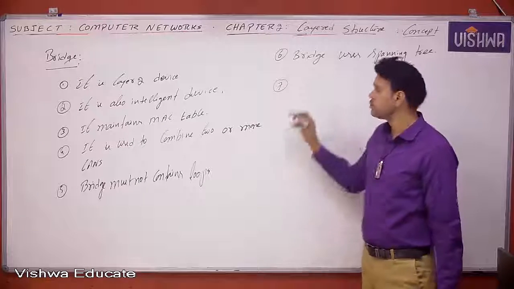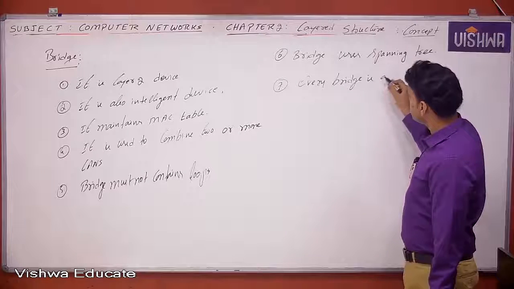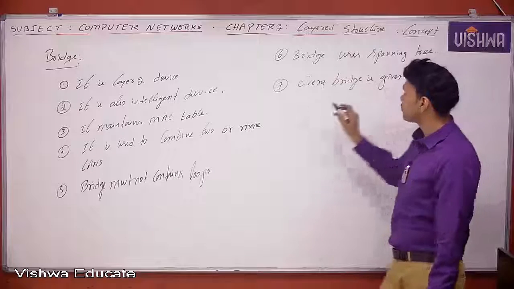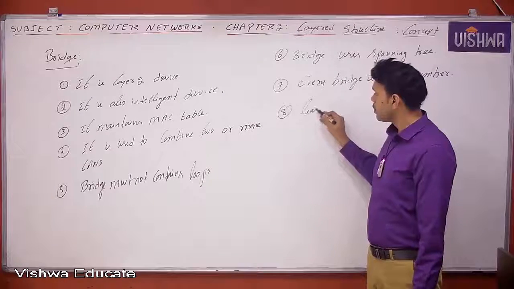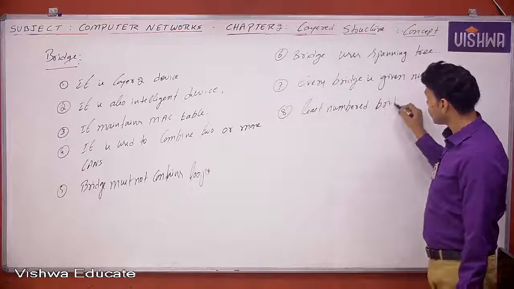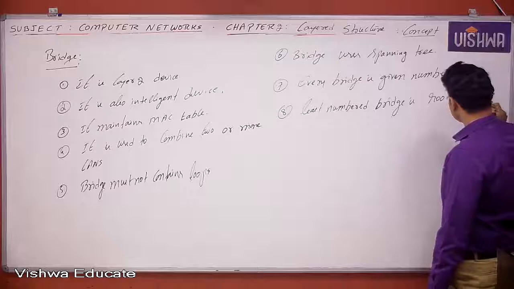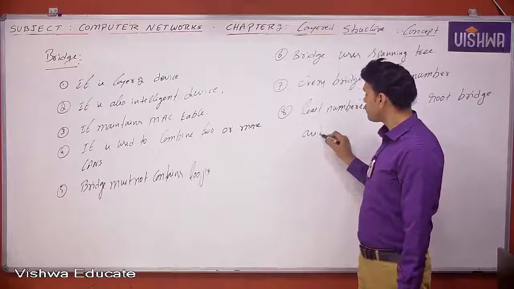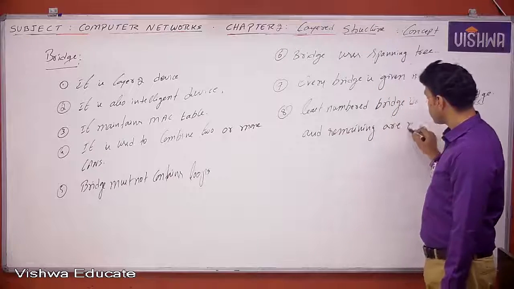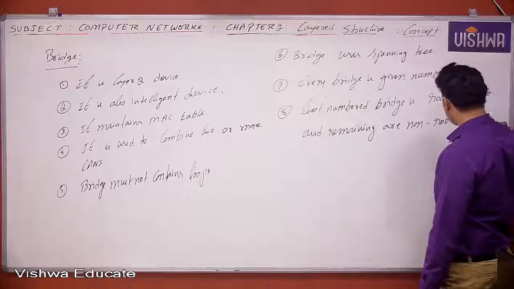Next point, every bridge is given a number. The least numbered bridge is the root. The remaining are non-root bridges. This is a point.